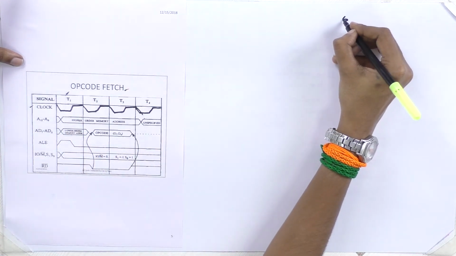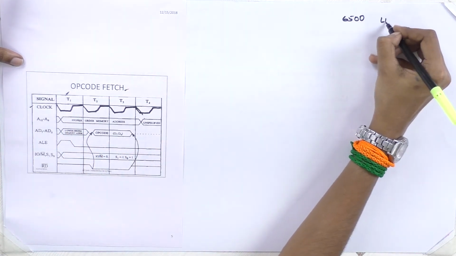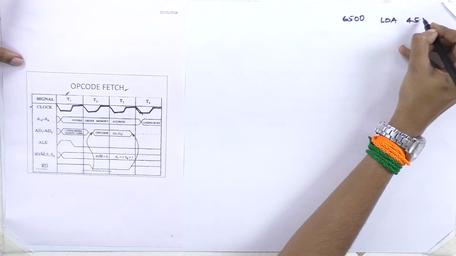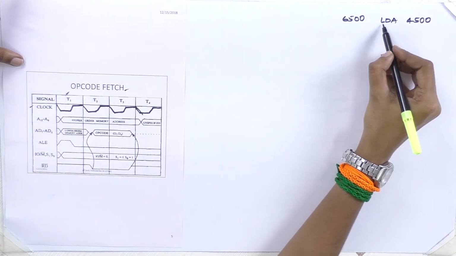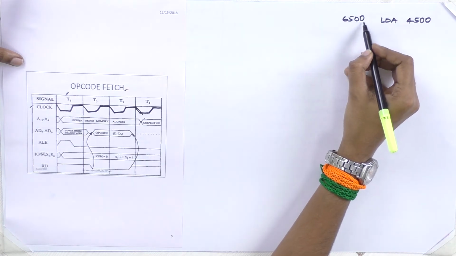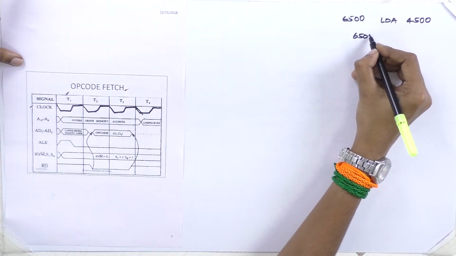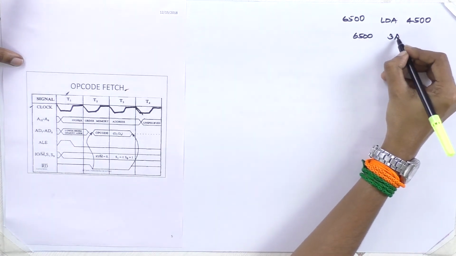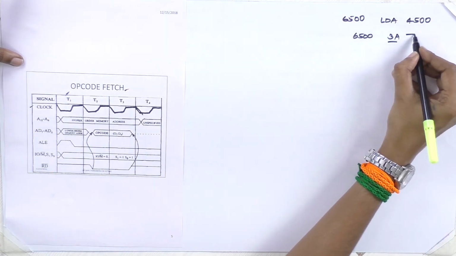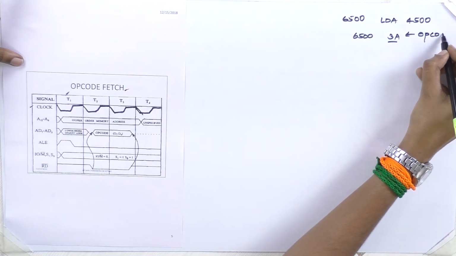For example, we take the instruction we used previously, LDA 4500. This instruction is stored at 6500. In memory, at 6500, 3A will be stored, which is nothing but the opcode.